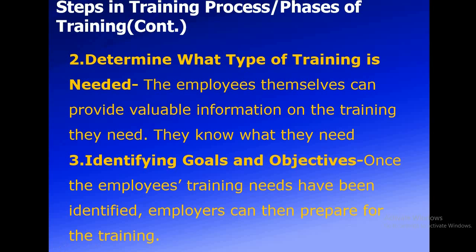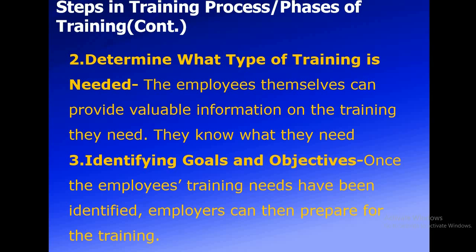The next step will be determine what type of training is needed. The employees themselves can provide valuable information on the training they need. They know what they need or want to make them better at their job. Also, regulatory considerations may require certain training in certain industries or job classifications.